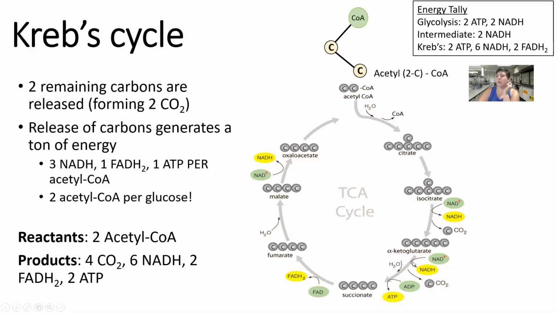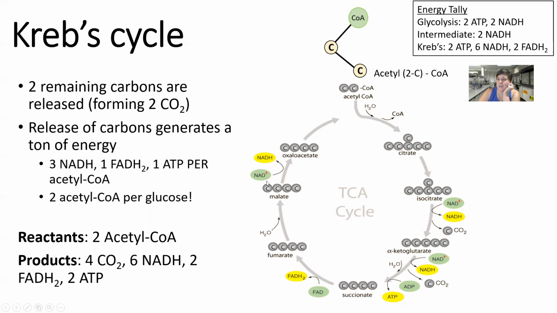Next chemical reaction, you are having another oxidation reaction. You're generating some more NADH. You also have some carbon released, generate carbon dioxide as a byproduct. Next, you can see at the bottom of the cycle that you actually have a substrate level phosphorylation event, and you generate some ATP via substrate level phosphorylation. And then you have another oxidation reaction. In this case, instead of using NAD+, you're using FAD and generating some FADH2.